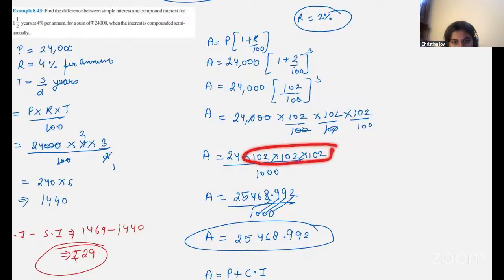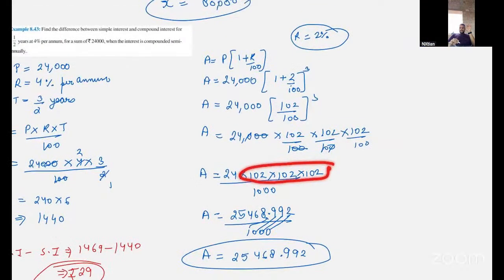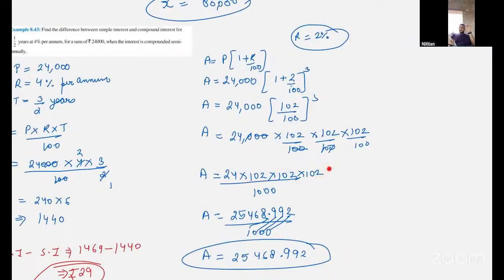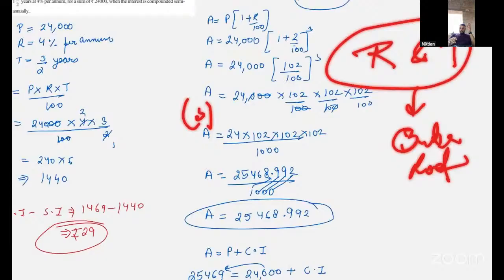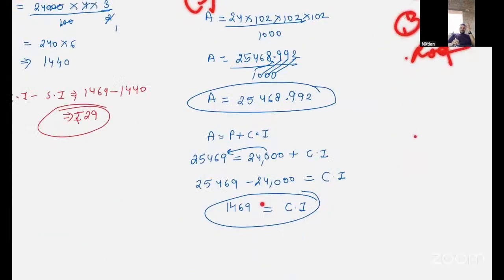No, listen. When you are finding rate and time, then you have to do that cube root part. But when we are simplifying the compound interest and subtracting the simple interest to get the answer, we need not. Got my point?